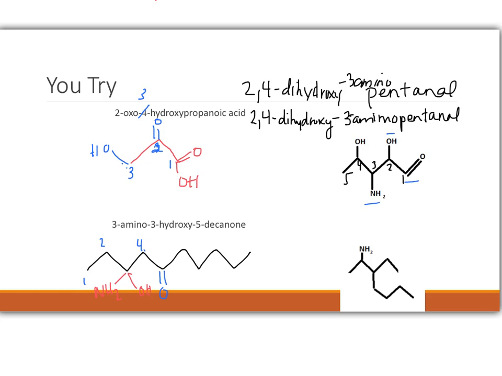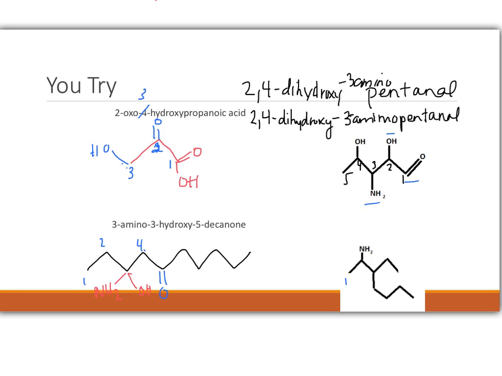Okay. And then last one, here I have an alkane branch. So that takes least priority out of everything, which means I'm going to name this based on my amino group. Now this is one where I do need to account for branching a little bit.